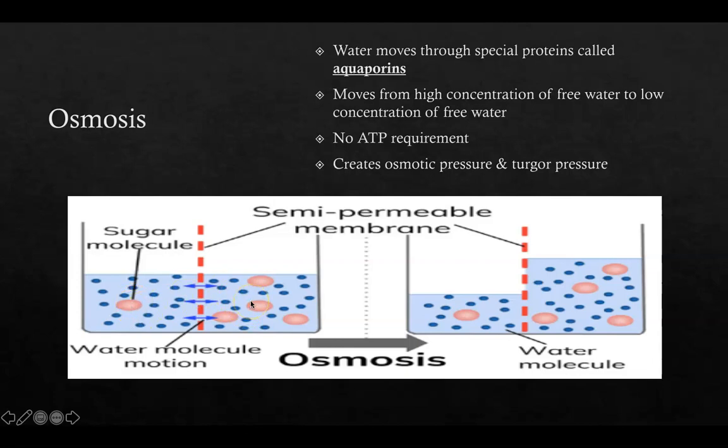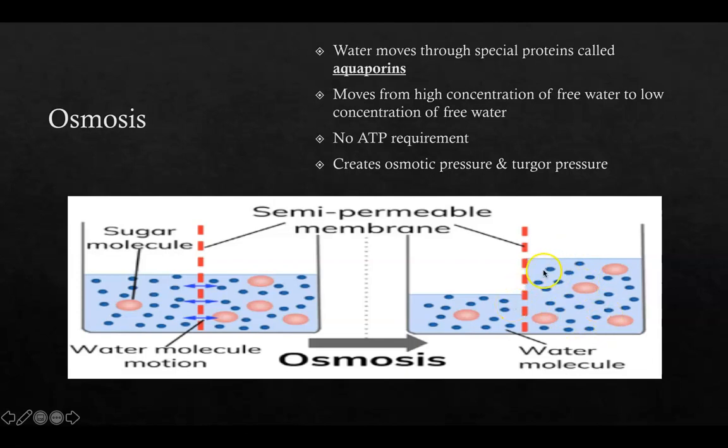And water moves from an area of high water concentration to an area of low water concentration. So as the water moves, it's going to move from the left side to the right side to balance out the concentrations of the liquid with the water and the solutes.